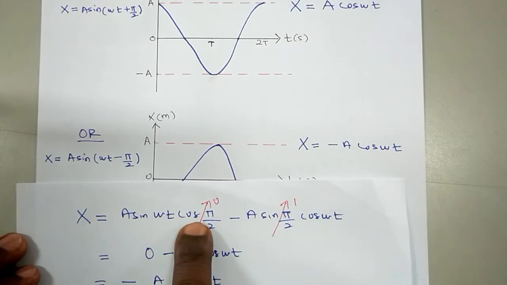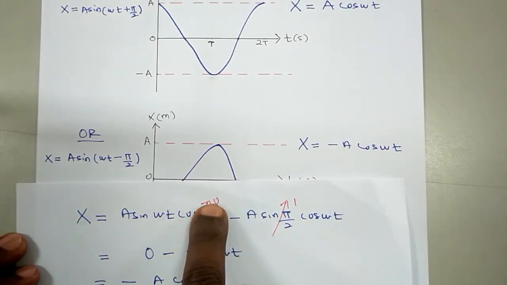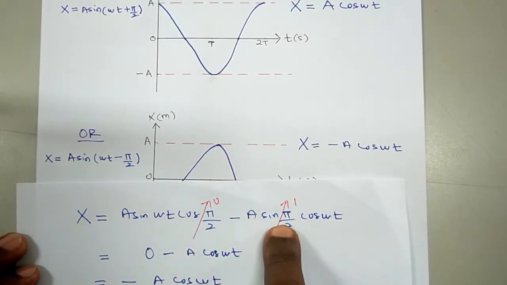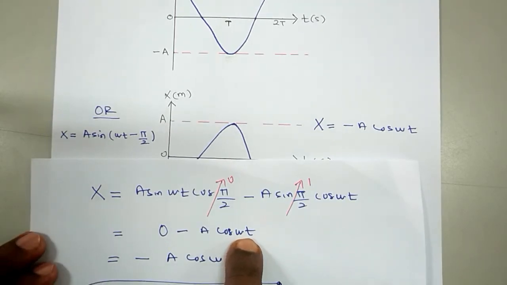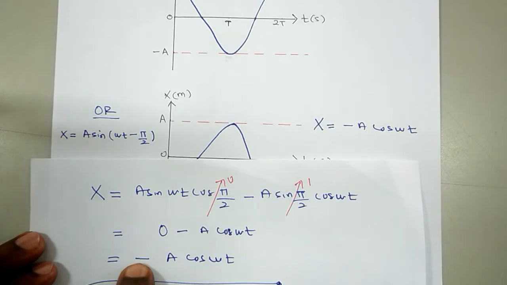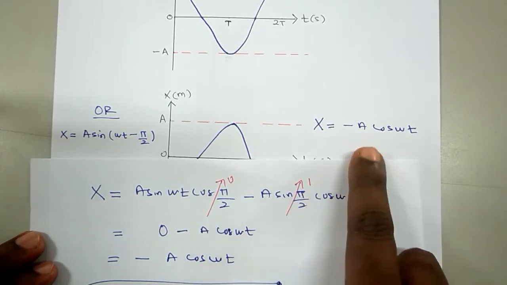This is cos 90 equals 0. This is sin 90 equals 1. So x equals 0 minus a cos omega t. And the answer is x equals negative a cos omega t, similar to this.